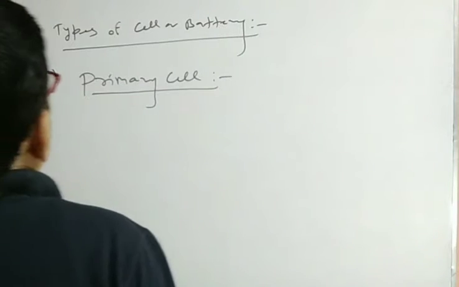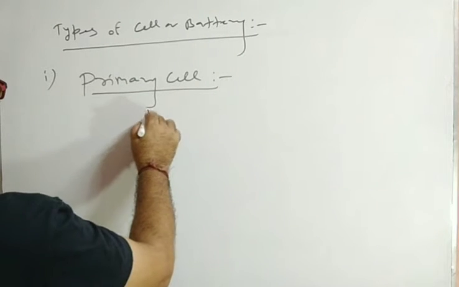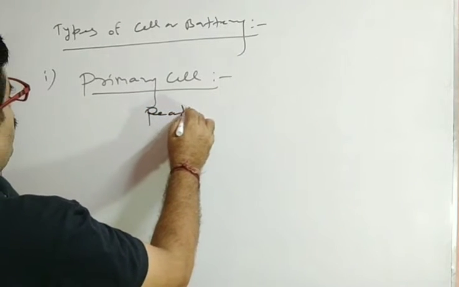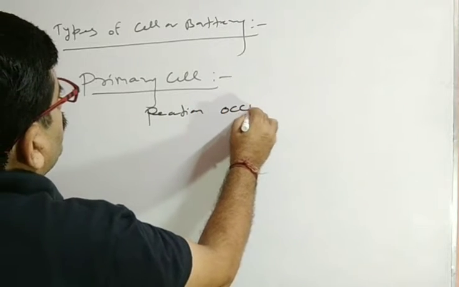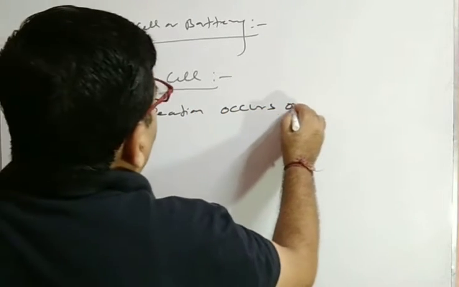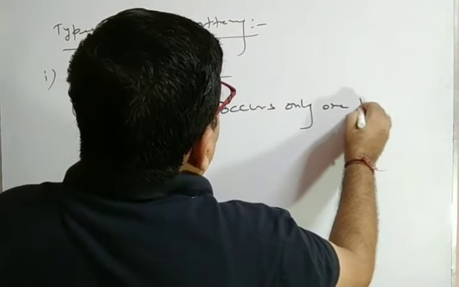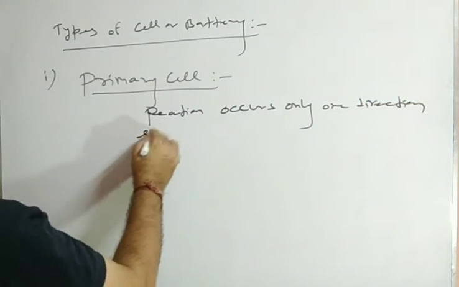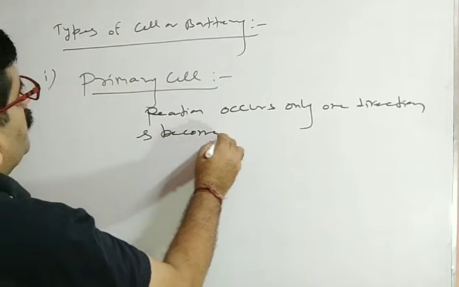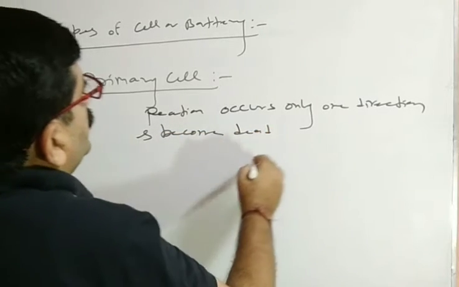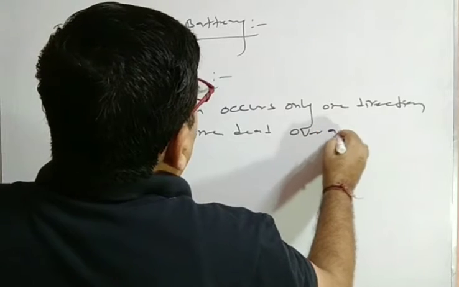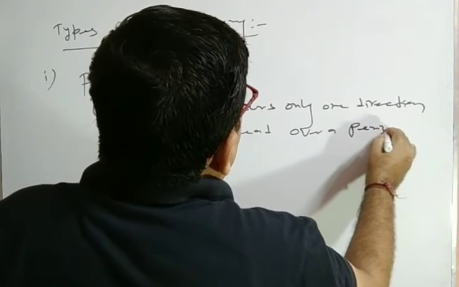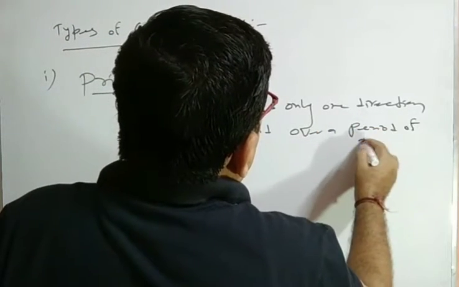So we can write for primary cell, the reaction occurs in only one direction and the cell becomes dead over a period of time.